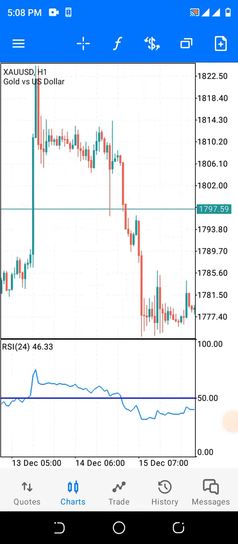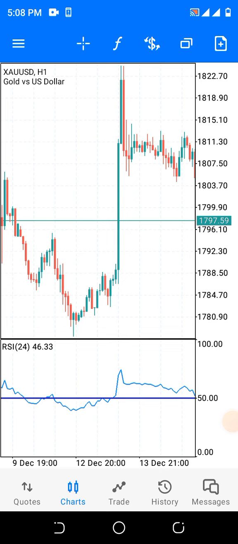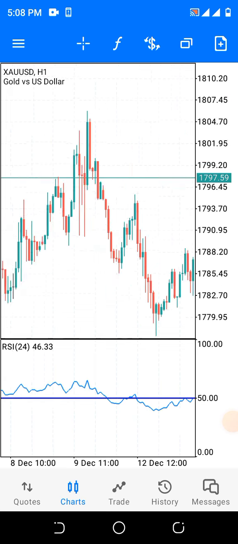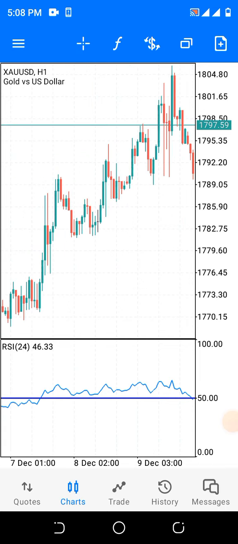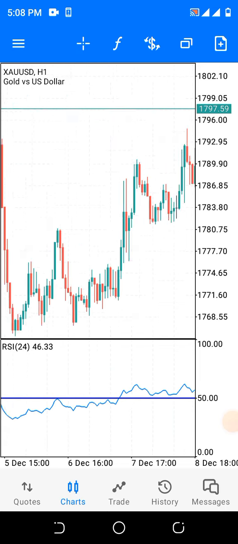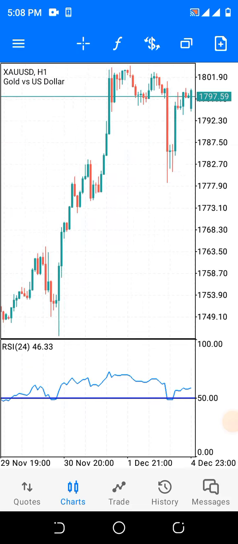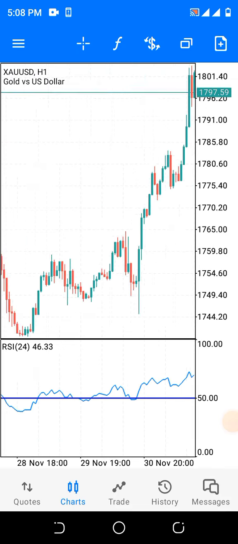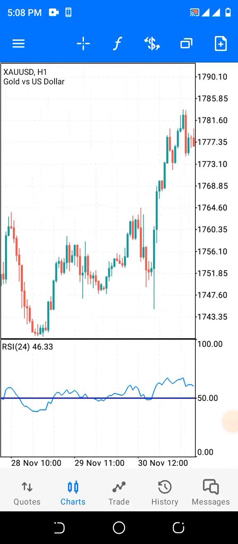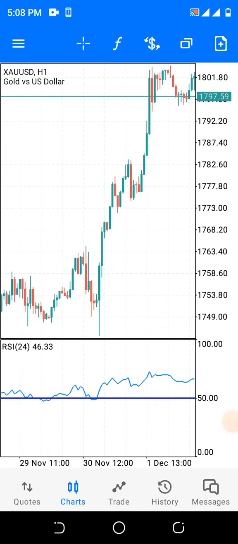Now let me show you the settings before I break down how to apply this particular strategy on gold. Pay attention. Once I get to the settings for the setup, write it down.